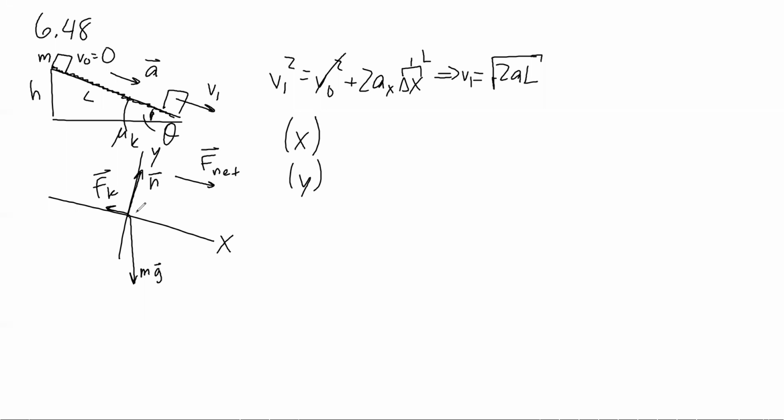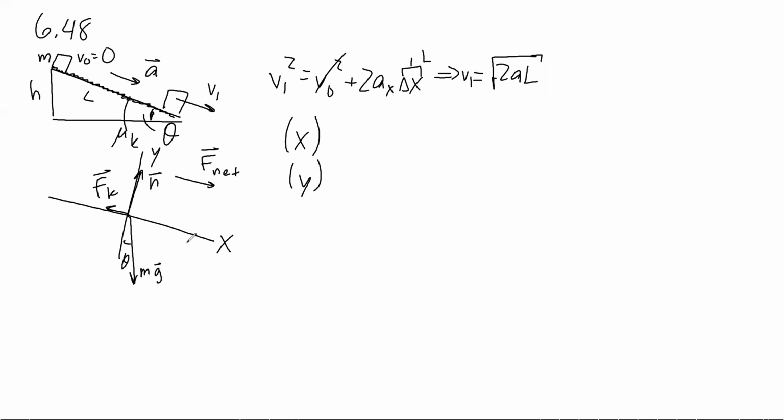So in looking at this free body diagram, how are we going to approach this? It might be helpful for now just to use an angle, but the problem doesn't ask for an angle. Like if you plug in theta for the answer on Mastering Physics, you're not going to get it.